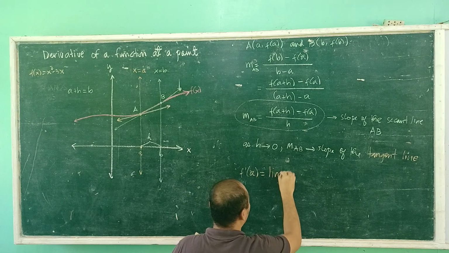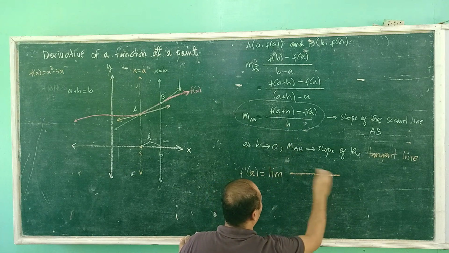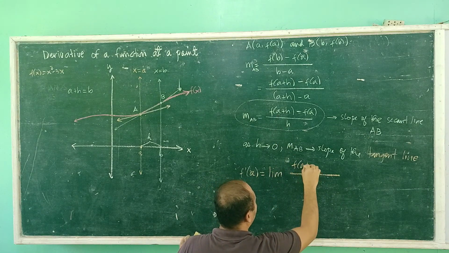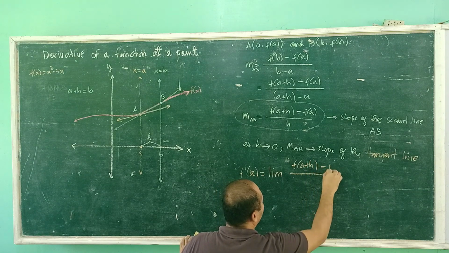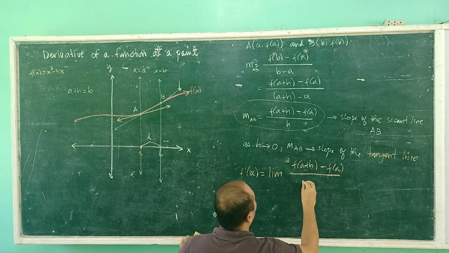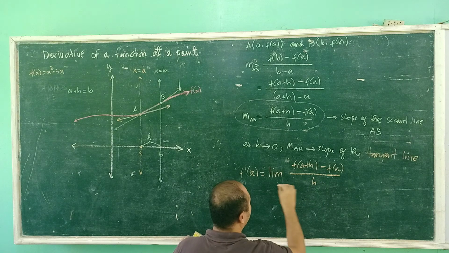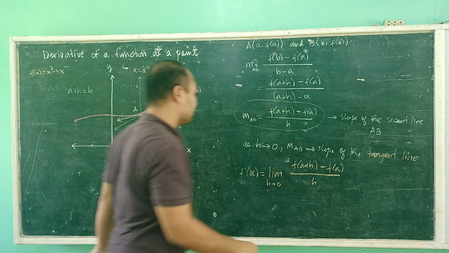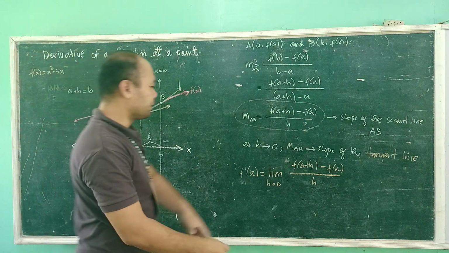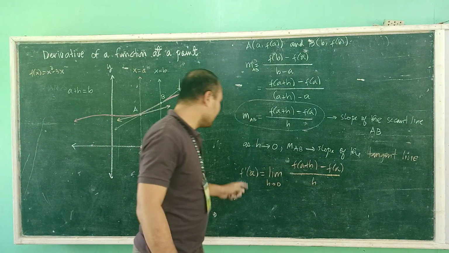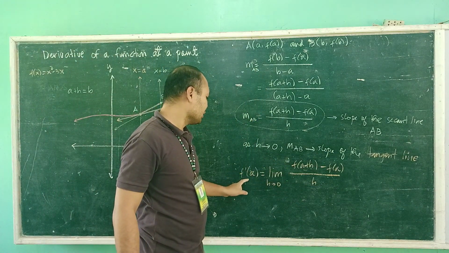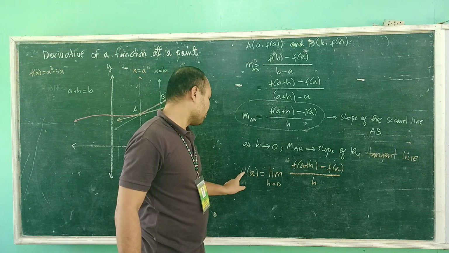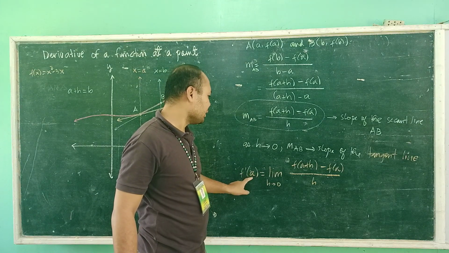So that is the limit of that expression, f of a plus h minus f of a all over h, as h approaches 0. So the slope of the tangent line will be denoted as f prime of a. This is the slope of the tangent line at the point a.